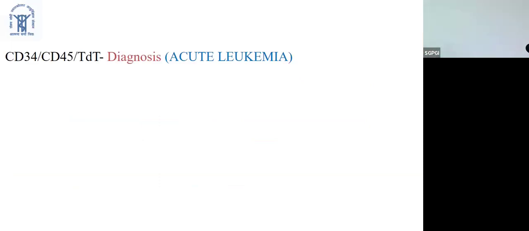So what is this panel? A panel is a group of antibodies that will help you make a diagnosis. So my first point was how to make a diagnosis of acute leukemia. You have to identify that your cells are immature, not mature, because the treatment of immature and mature is totally different.